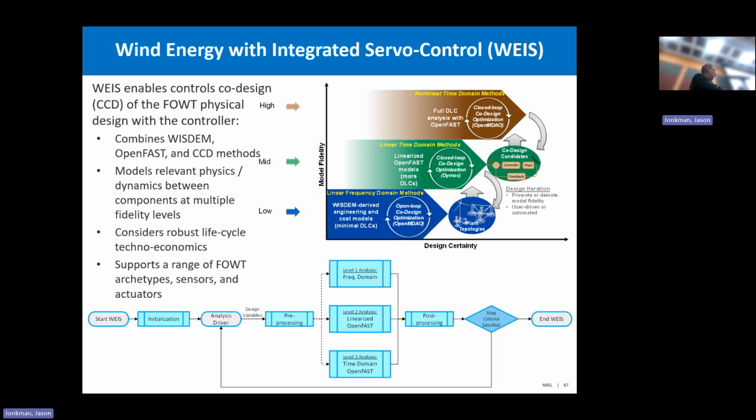Obviously less accurate. It's still only good for the operating point that you linearized about. And then we also have a frequency domain model called RAFT, really useful for floating wind, doing like RAO calculations. And so when you run WISE, you can choose what levels of fidelity you want in there and base your optimization at different levels of fidelity.